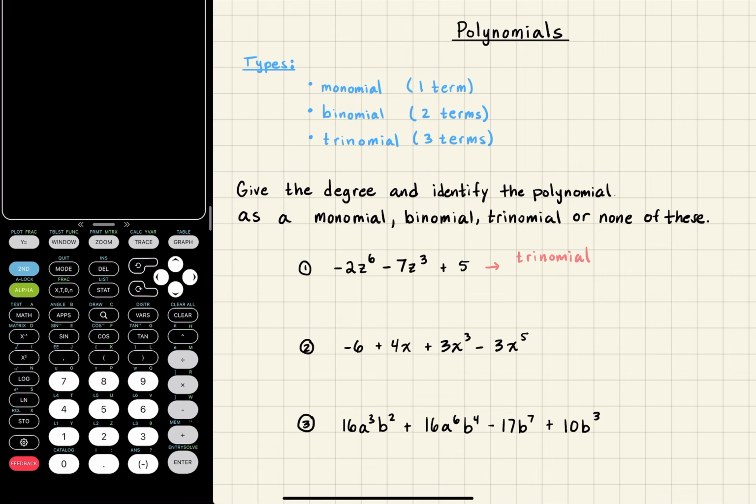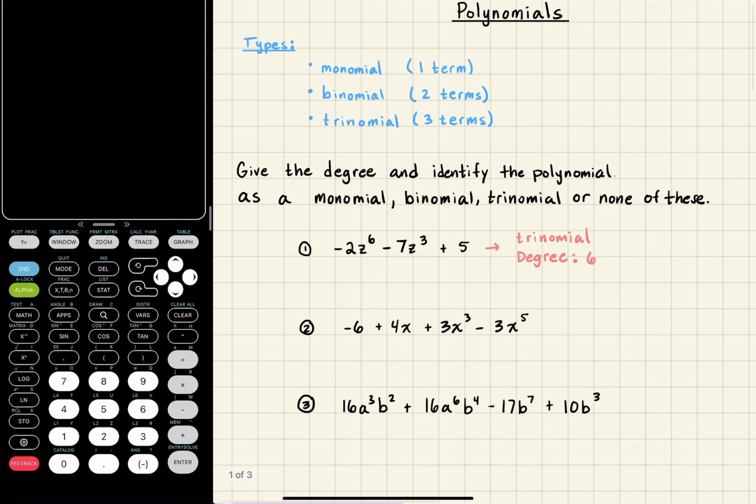So looking at these terms here, the highest power of z that I can see happens to be right here. That is a power of 6. So we would say that the degree of this polynomial is 6. So this, problem number 1, is a trinomial of degree 6.